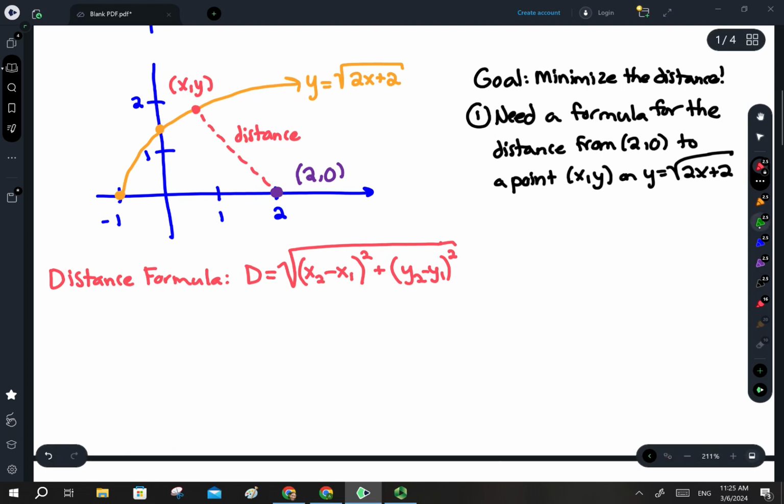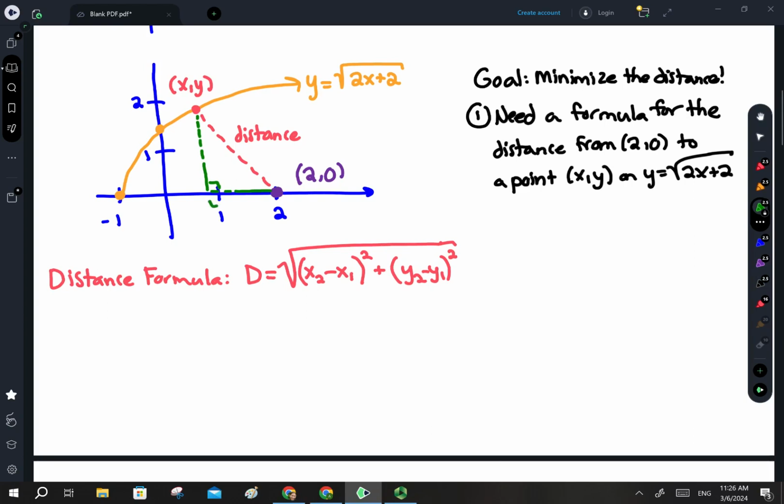If you're wondering what that has to do with the Pythagorean theorem or where it came from, if we look at our picture and we make a right triangle where the hypotenuse is the segment that connects our 2 points together, the length of the hypotenuse is the distance we care about.